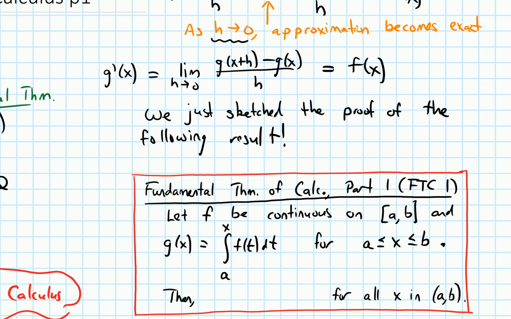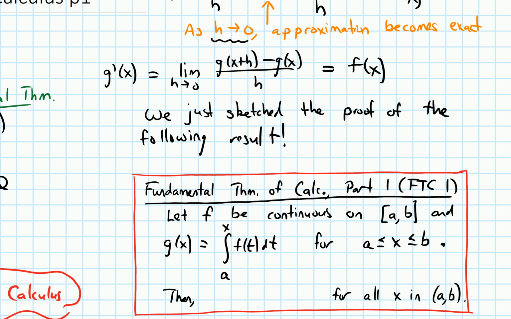This is called the Fundamental Theorem of Calculus, Part 1, which I'll abbreviate as FTC 1. And what it says is, if f is a continuous function on the closed interval from a to b, and g of x is this area function, the definite integral from a to x of my function f of t dt, so it's the area under the graph of f from a to x.